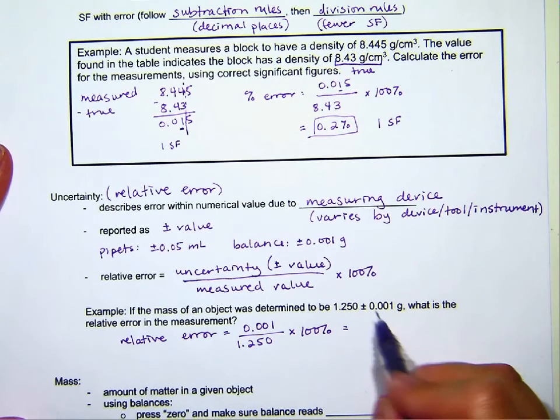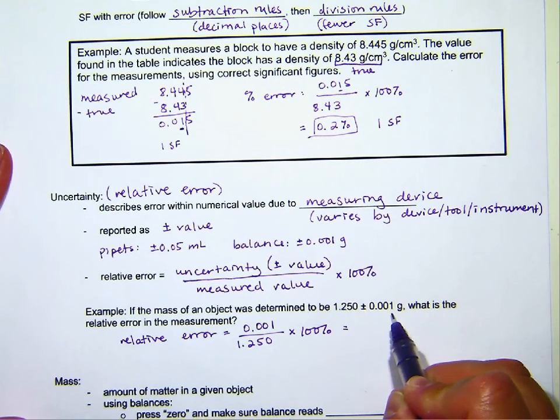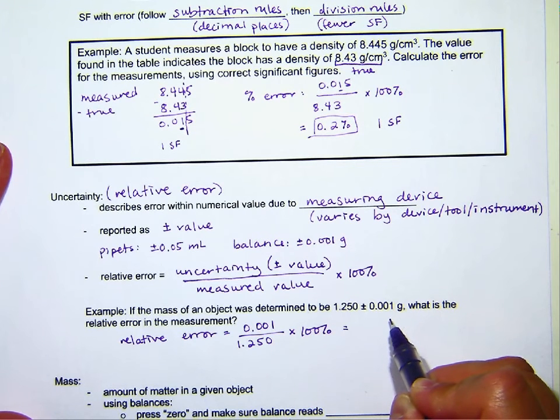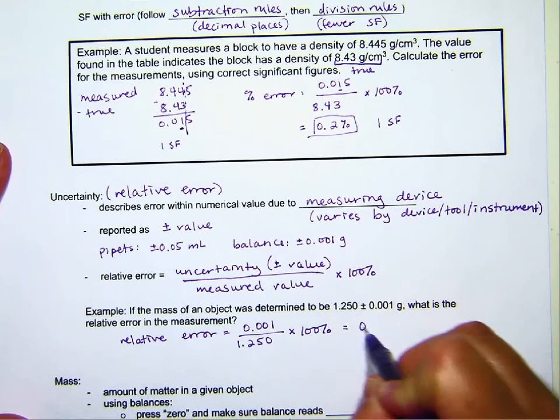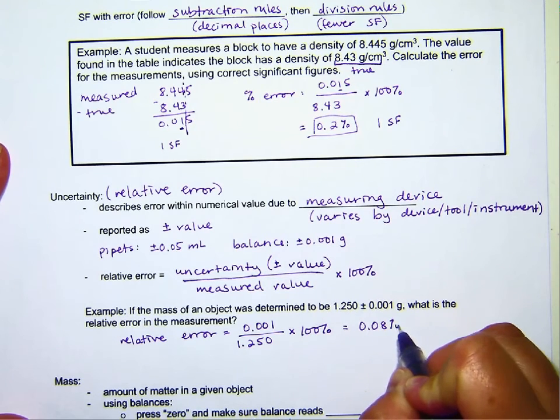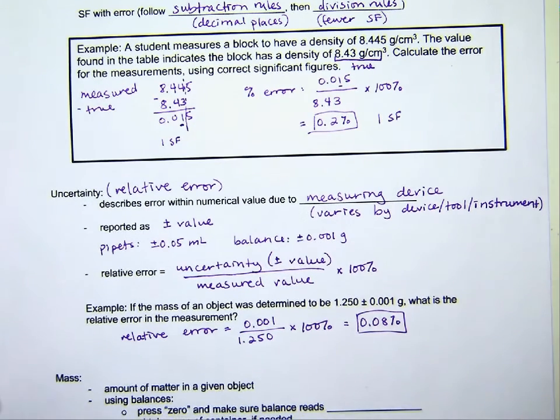And notice that the uncertainty only has one significant figure, so we'll only report 1 in our relative error. So we get 0.08%. And notice how small that is relative to the measurement that we took. So we know that the data we took from that balance is pretty accurate, pretty precise.